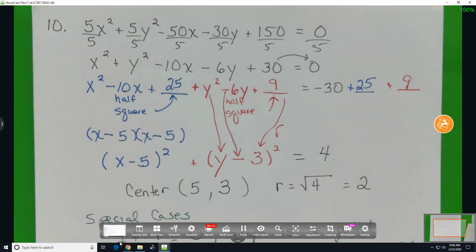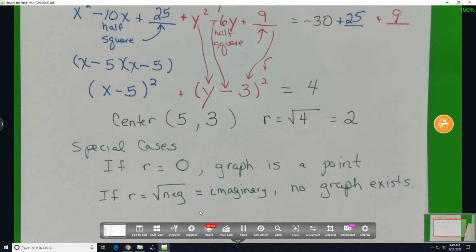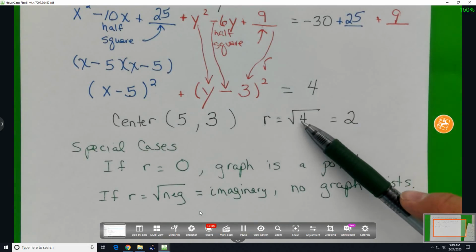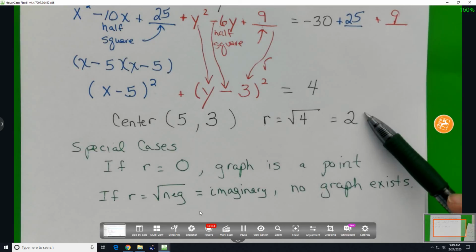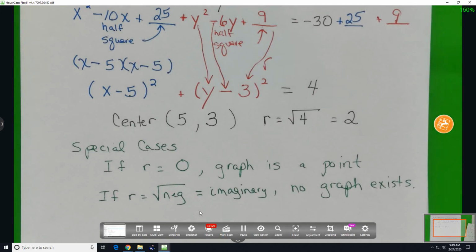So, those special cases are, oh wait, sorry about that. If r is 0, the graph is a point. If r were the square root of a negative number, in other words, instead of this 4, if we'd had a negative 4 over here, you can't have a radius of 2i. Would it make sense to talk about a radius of 2i, an imaginary number? So that's why there's no graph at all. And we're going to see some of these special cases in a moment.